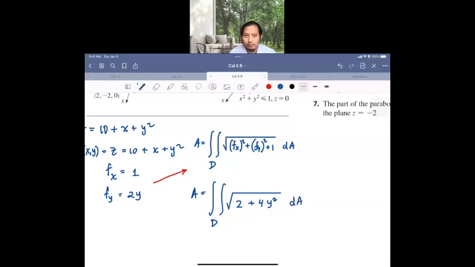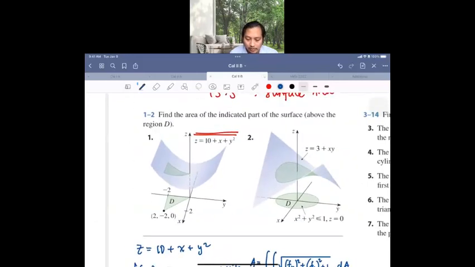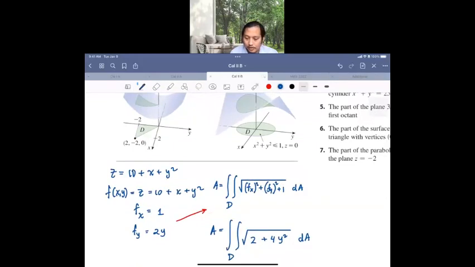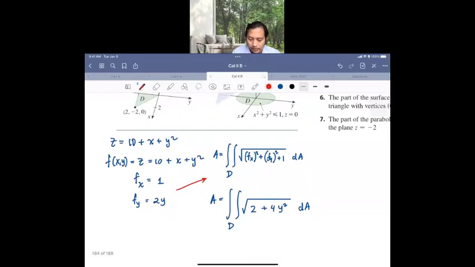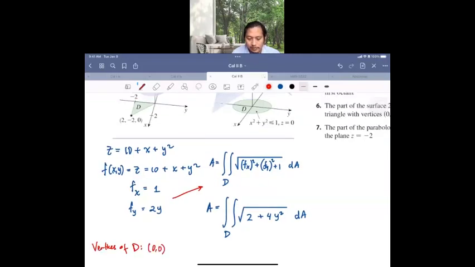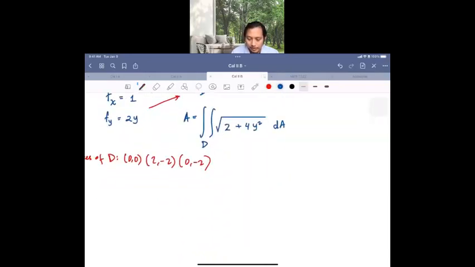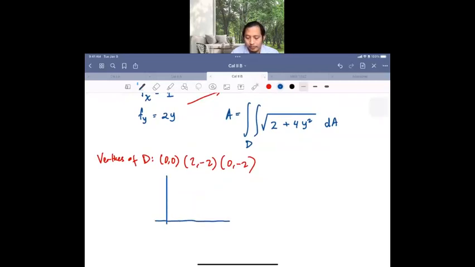Now we have the vertices for D. If we look at the vertices on the xy-plane, the vertices of D are 0, 0, and then 2, -2, and then 0, -2. Or if you want to draw D for some confirmation of what our region D will be: this is 0, let's say this is 1, and it should be -2.